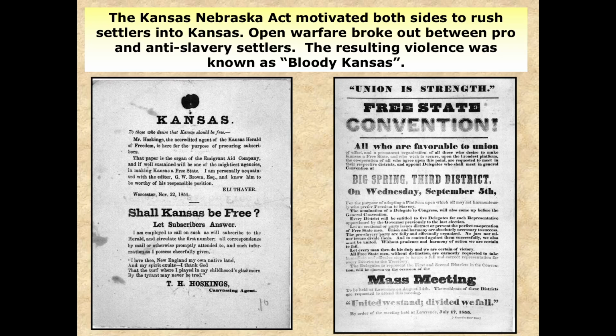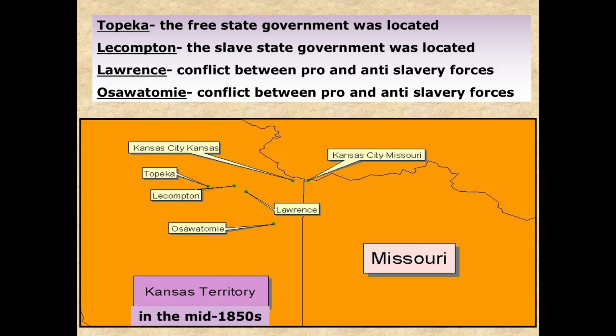So, yeah, this whole notion of Bleeding Kansas is just going to be god-awful. I mean, you really do have just the preview for the Civil War with this. Fighting breaks out, and we see fighting break out in places like Lawrence, Kansas, and Lecompton.